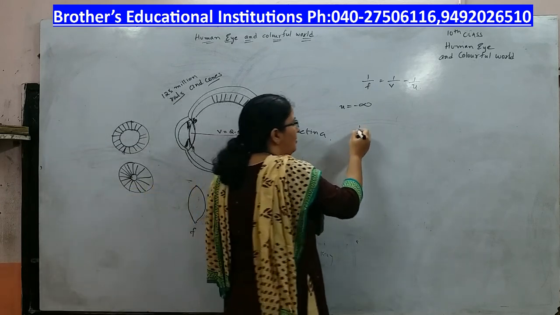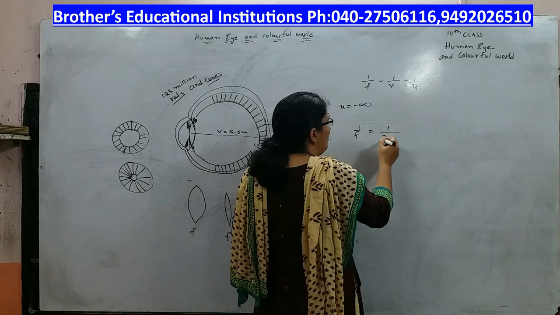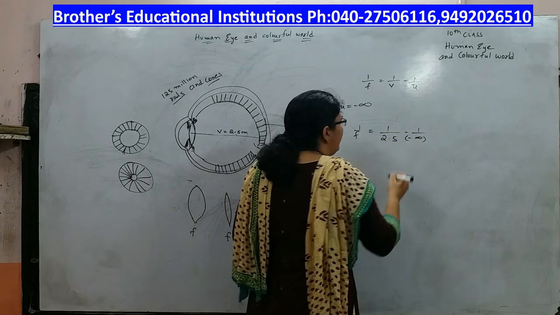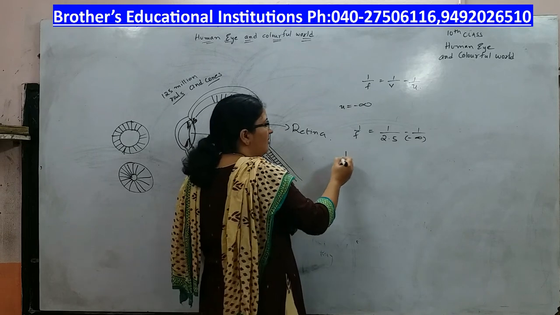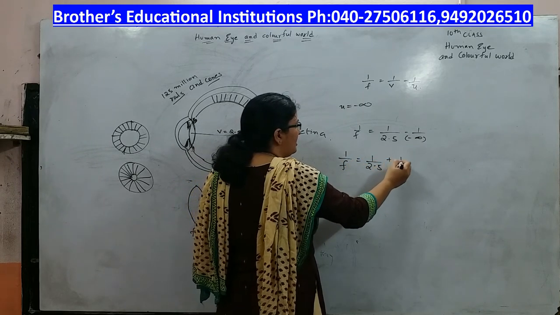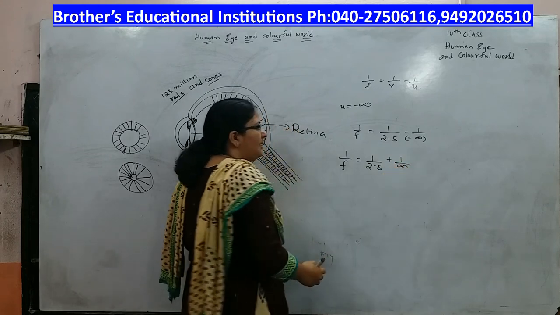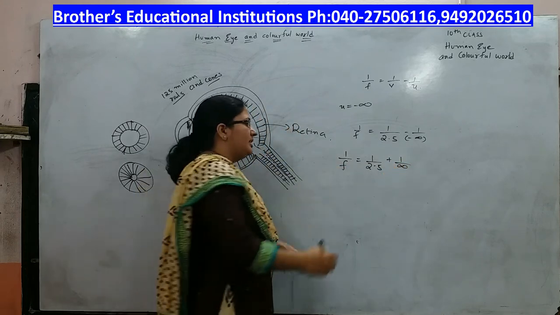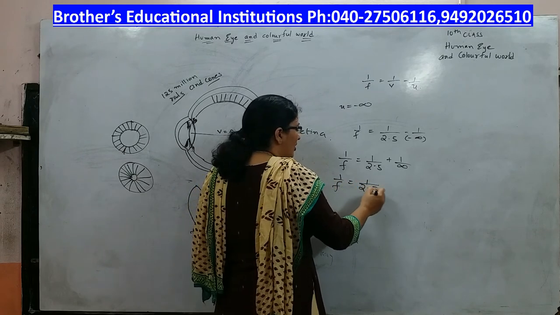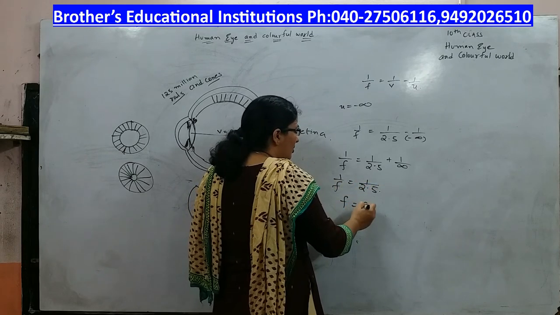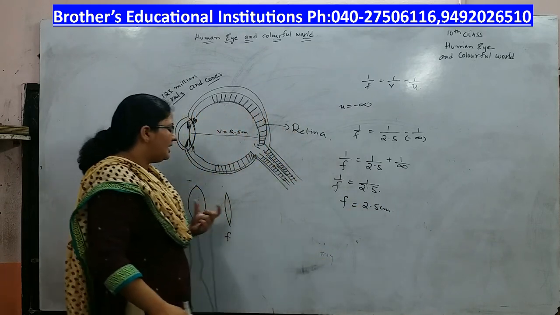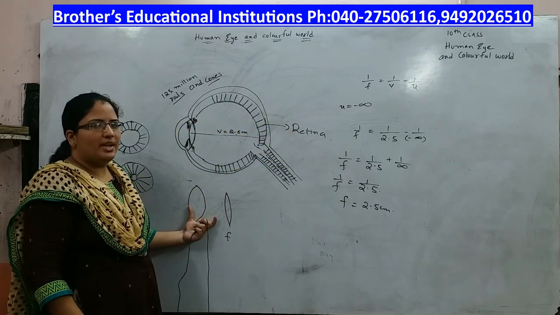So 1 by f is equal to 1 by 2.5 minus 1 by minus infinity, which is 1 by 2.5 plus 1 by infinity. 1 by infinity is 0, so you have 1 by f is equal to 1 by 2.5, and f is 2.5 centimeters. That is, the maximum focal length of the eye lens is 2.5 centimeters.